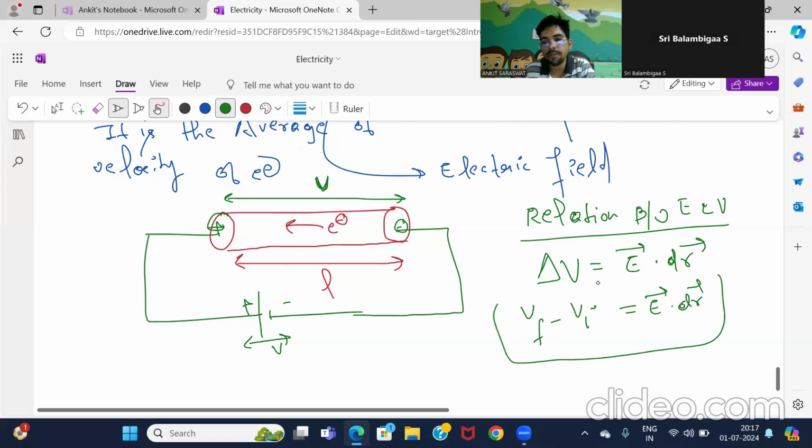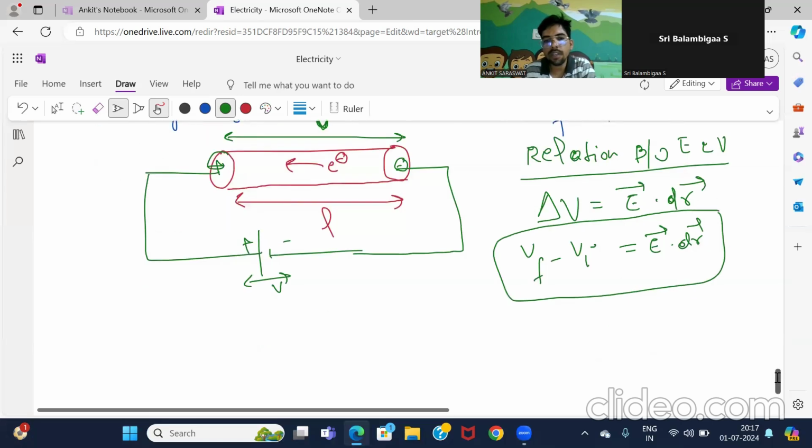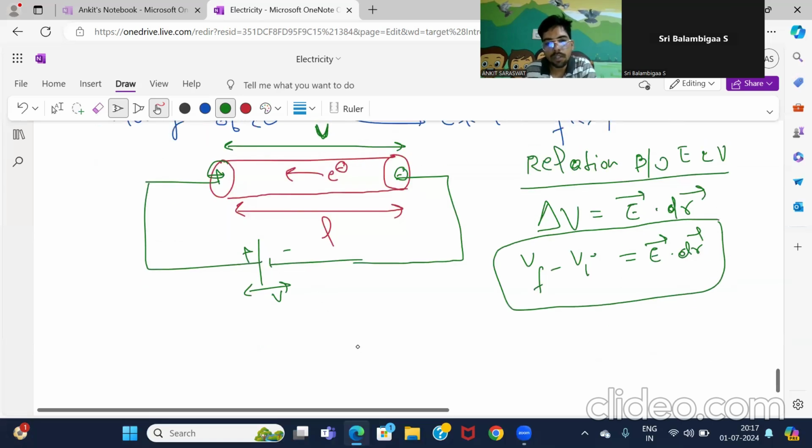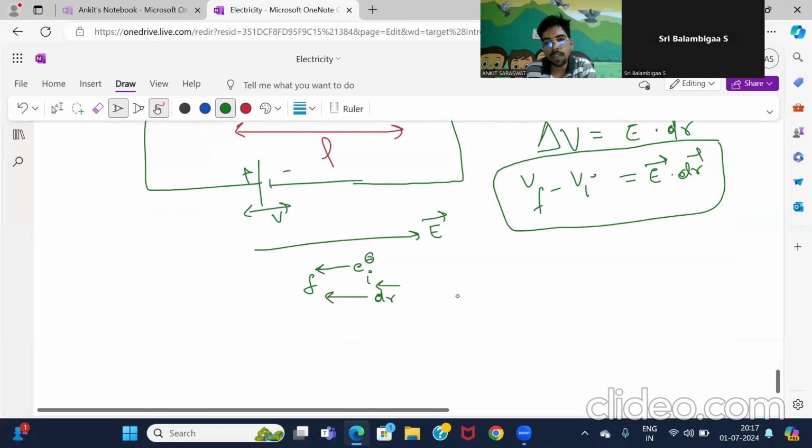I will explain. You just see here, this electron is going to be displaced from here to here, from the initial position to the final position. This is dr. Clear? Yes, sir. And the electric field is this. Then how much will delta V be?